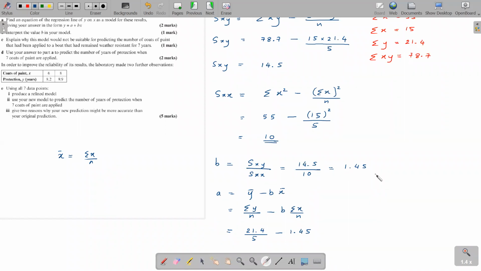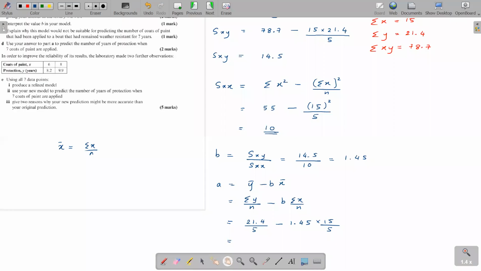Over here, anyway, 1.45 is a full figure, so we'll use that, times sigma x over n. Sigma x is 15, over n is 5. So once again, let's type this in the calculator and get the answer. Yeah, we finished it. Minus 0.07.